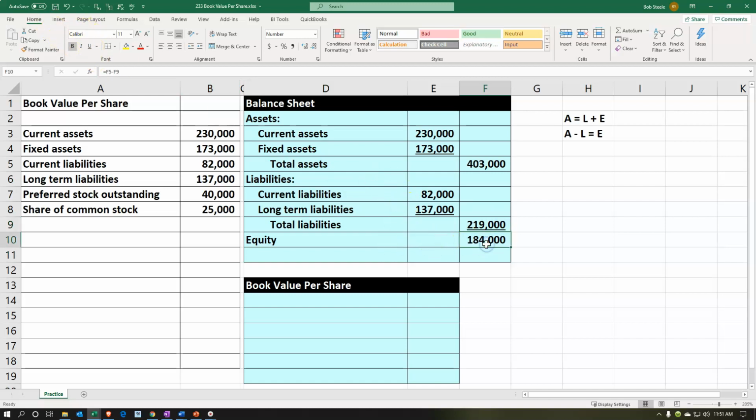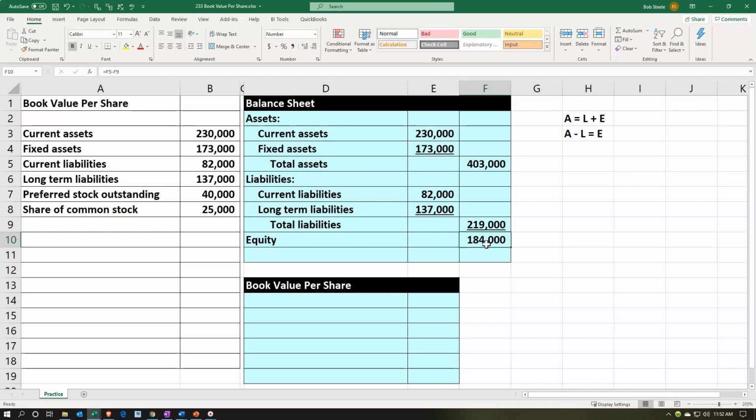So notice again, equity is kind of a generic name because it applies to any type of organization. If it's a partnership, it'd be partners' equity. If it's a corporation, like we're looking at mostly here, it's stockholders' equity. If it's a sole proprietor, it would simply be owner's equity. But realize that, for example, for a corporation, we could break down equity. We've seen retained earnings, common stock, preferred stock within equity. But if you put equity together all as one, you can think of it as what is owed to basically the owners all as one.